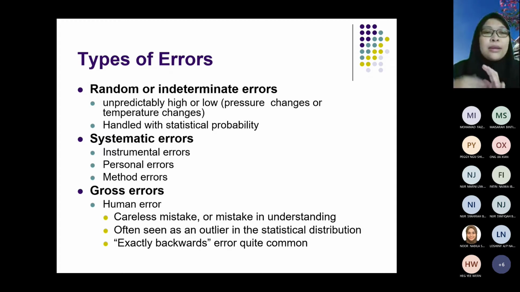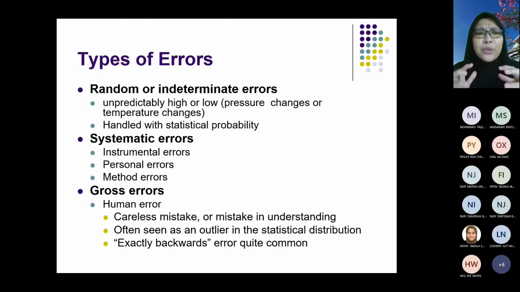The second one is systematic errors. Systematic errors are divided into three types: instrumental errors, personal errors, and method errors. And the last one is gross errors, another name for which is human error.